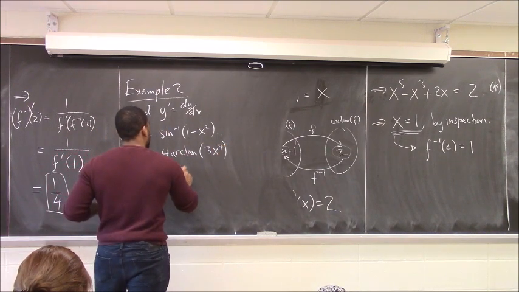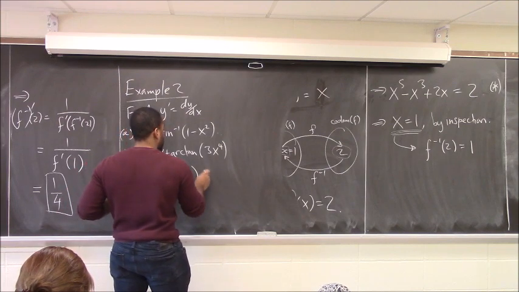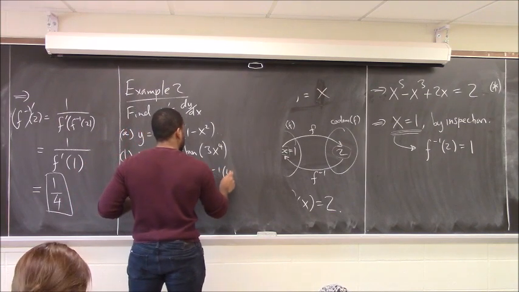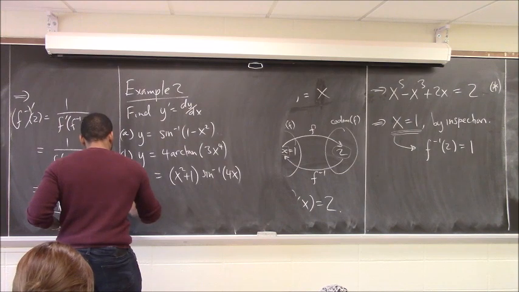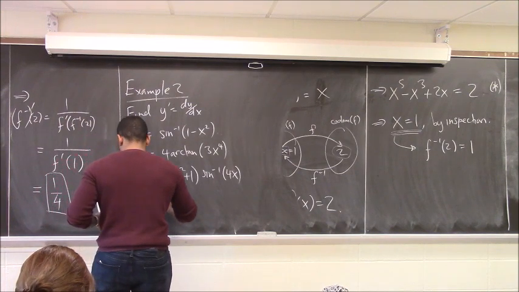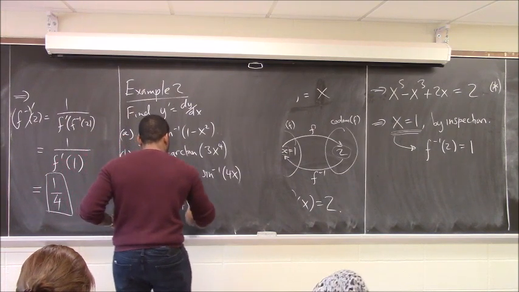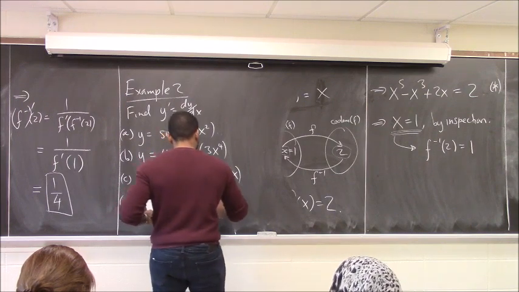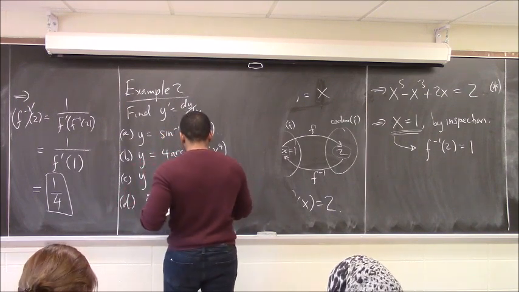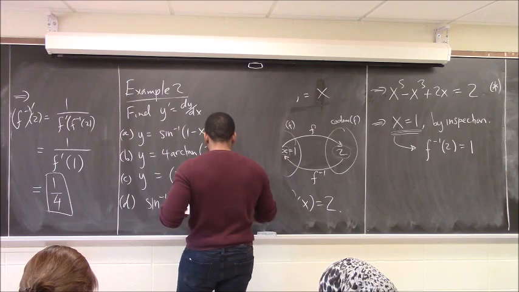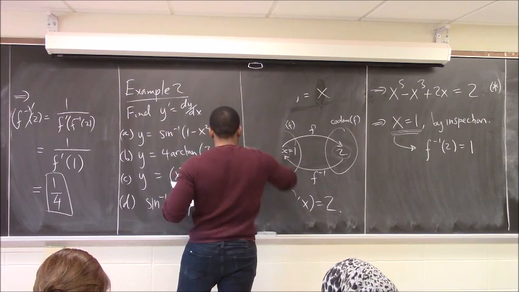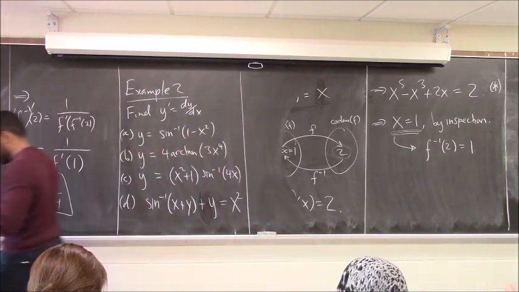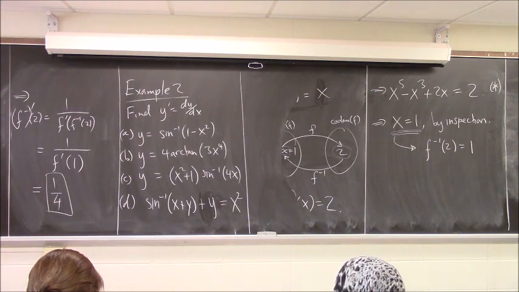Your y equals x squared plus 1 times sine inverse of 4x. And you have sine inverse of x plus y equals x squared. And I wanted to find the derivative in all these situations.